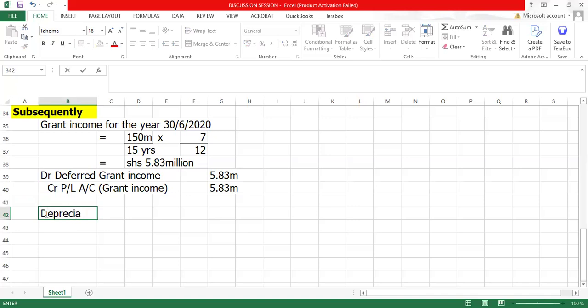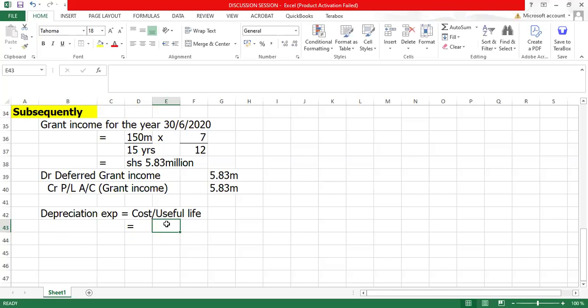The depreciation expense will be the cost divided by useful life. This was 150 million divided by 15 years.